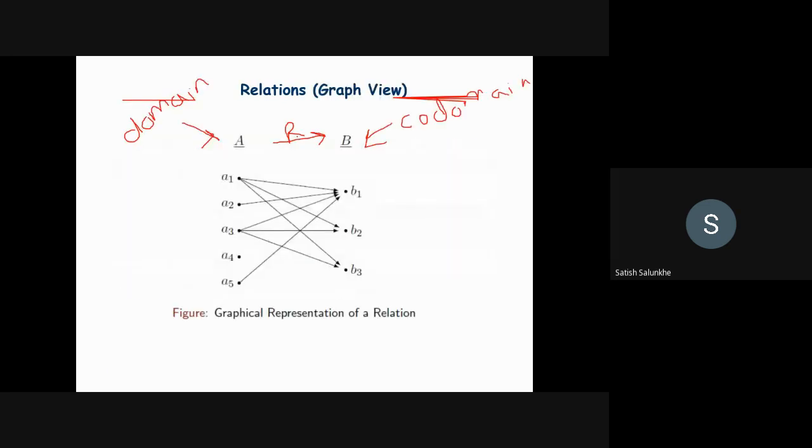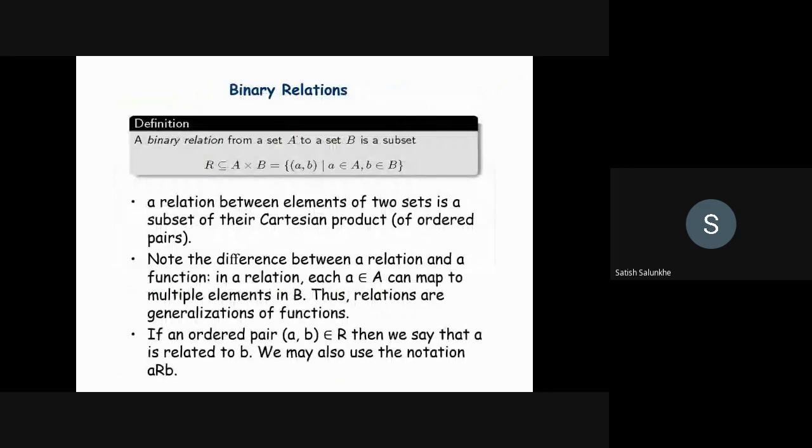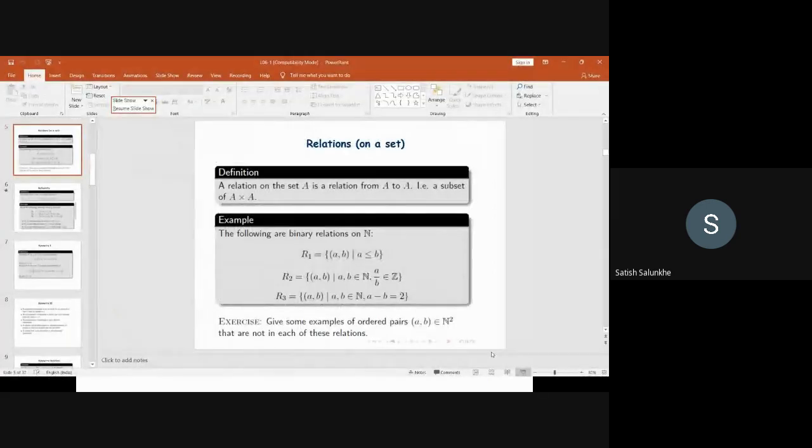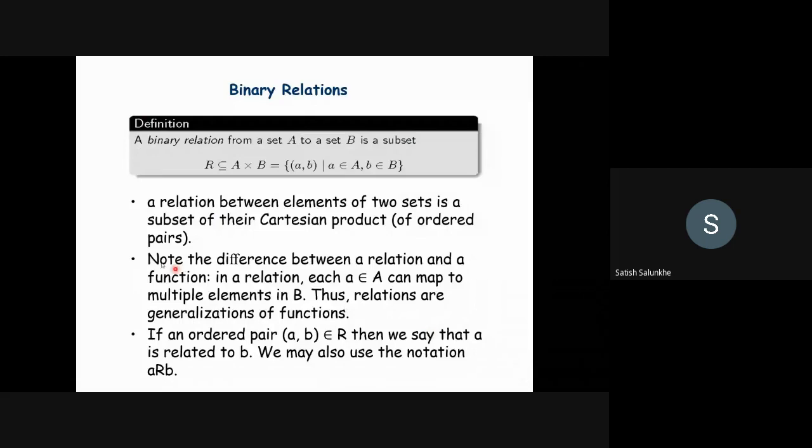So what is this? A relationship between elements of two sets is a subset. This is just the summary that we are talking about right now. A relationship between elements of two sets is a subset of the Cartesian product.